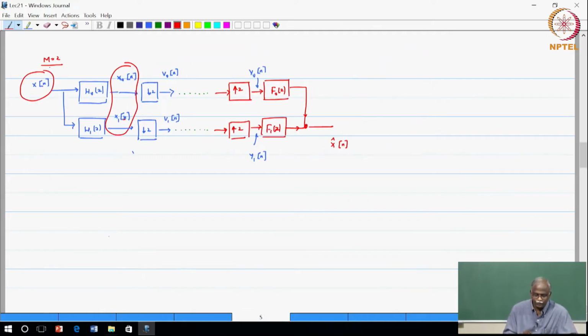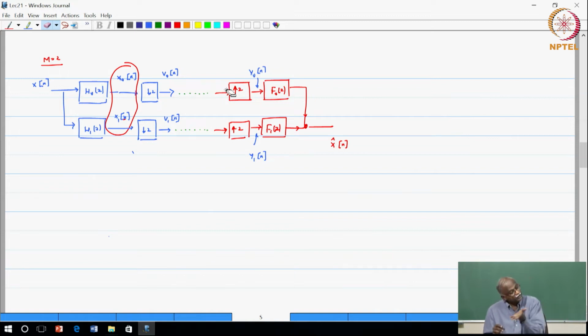So the 2-channel case: this input signal x of n, which we split into a low pass and a high pass signal, we call x0 and x1, and downsample each of them, calling them v0 and v1. Then there is processing, but we said that in the analysis stage we are not considering the processing.